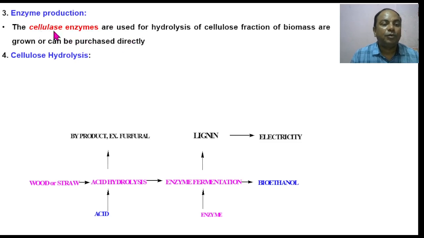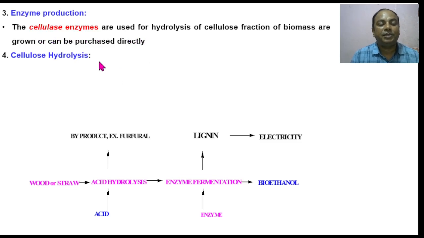So cellulase is required for the hydrolysis of cellulose. Enzyme production or enzyme purchase is a step. You can purchase this directly from the vendors, or you can grow this cellulase enzyme in the factory premises or in industry premises.